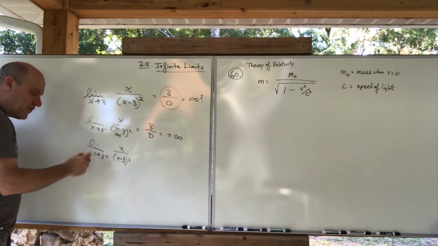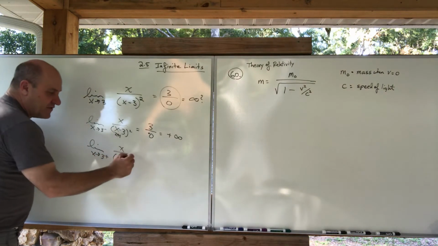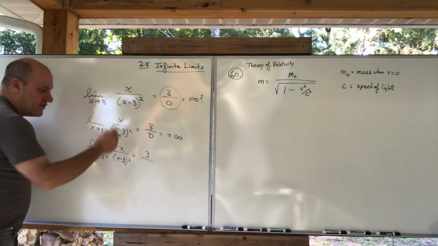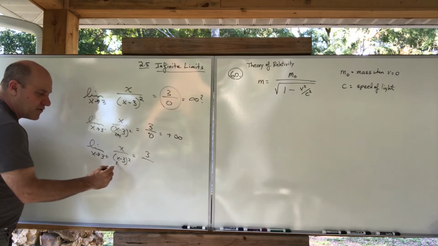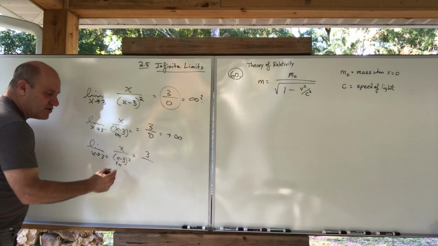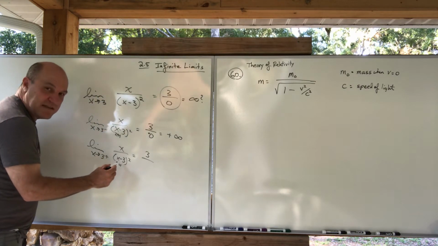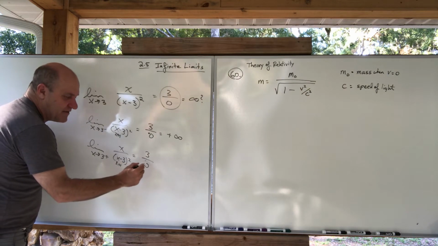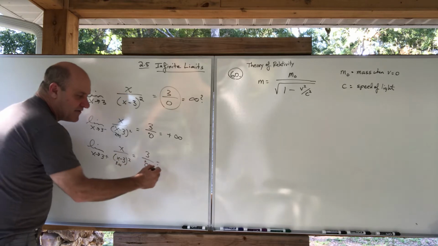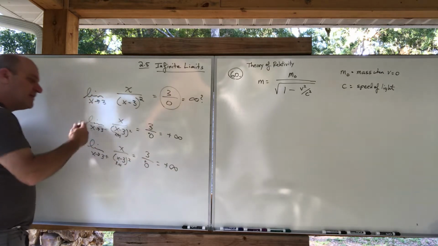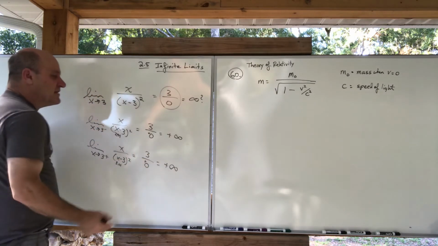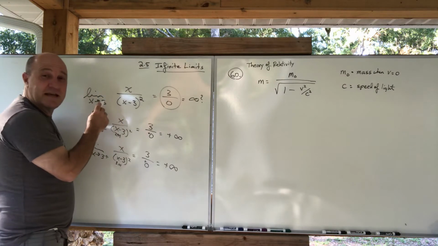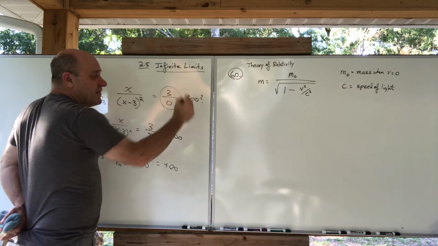What happens when you approach 3 from the right? It's still a 3 in the numerator. In the denominator, it's 3.01 minus 3. That's a teeny little positive number, and then you're squaring it, so it's a teeny little positive number. That's positive infinity. The limit from the left and the limit from the right are both positive infinity. Therefore, I would say this answer is positive infinity.